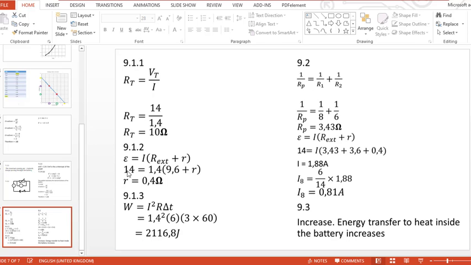When we plug in the values, the EMF is 14, the current through the ammeter is 1.4, the total external is 9.6. Then we have the internal resistance as the only unknown variable, and that gives us a value of 0.4 ohms.